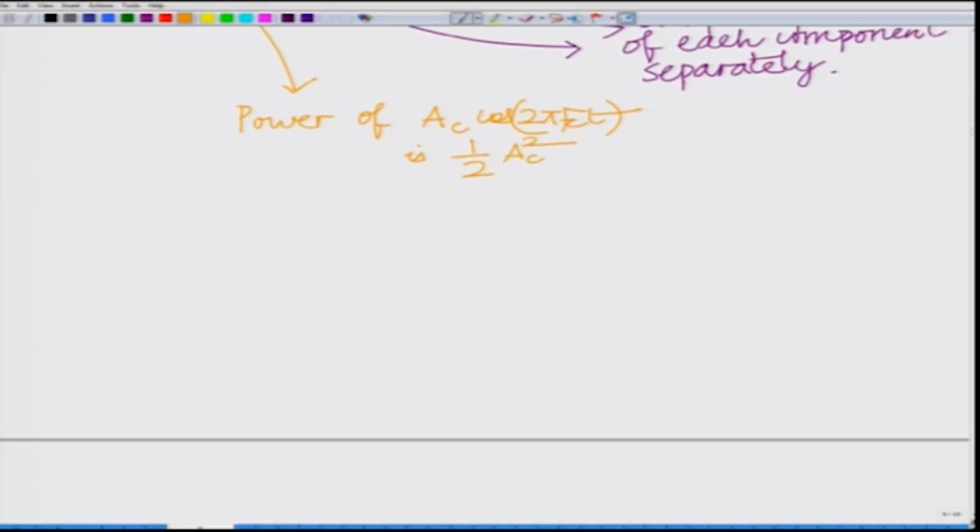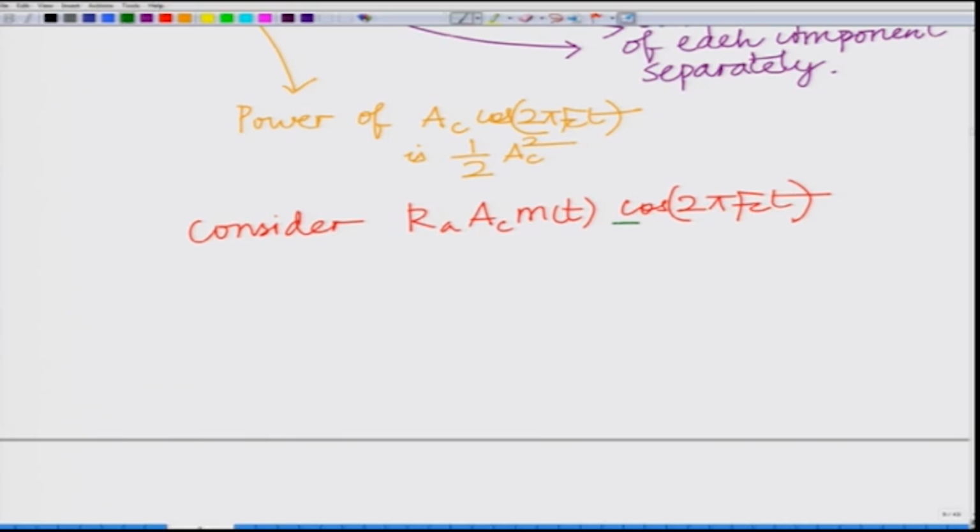So, now consider the other component, that is k_a A_c m(t) cosine 2 pi f_c t.